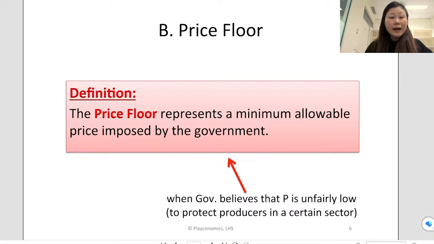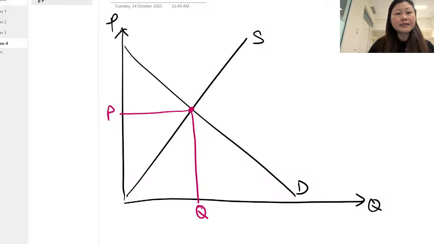So let's go back. So it says that, in a price floor, it represents a minimum allowable price. And because we're using it to protect our farmers, this price floor will have to be above our equilibrium price.